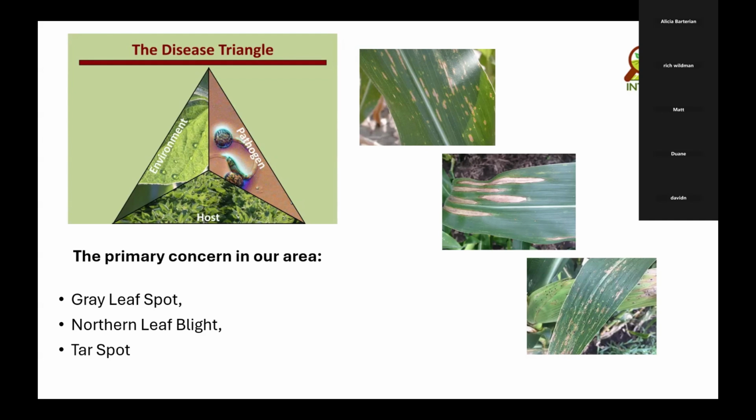So now, do we have the conditions that are going to create a problem? This is just my take, but the primary concerns in this area are gray leaf spot, which we've dealt with for years, northern corn leaf blight, and then tar spot creeping in and causing issues the past couple of years.